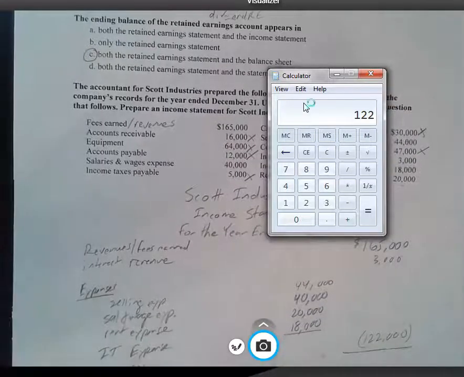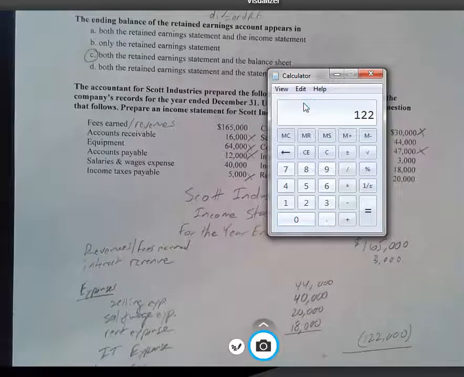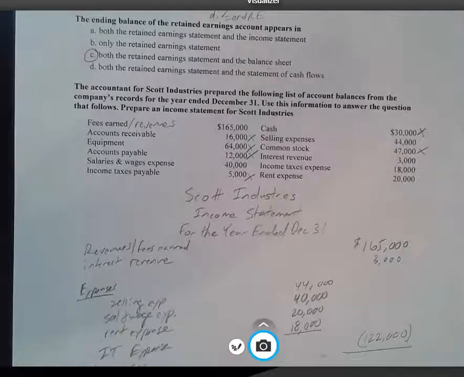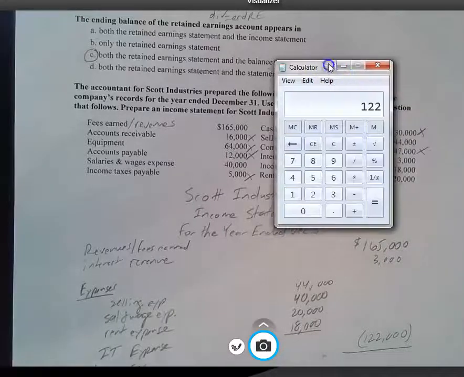And I want to emphasize the way I'm doing this, I'm trying to show this to you more in terms of regular addition and subtraction, not necessarily the greatest form in the world. Let's bring up our calculator. So we have 122,000 in expenses, 168,000 in revenues, 165,000 plus 3,000 in interest revenue, minus the 122,000 equals 46,000.